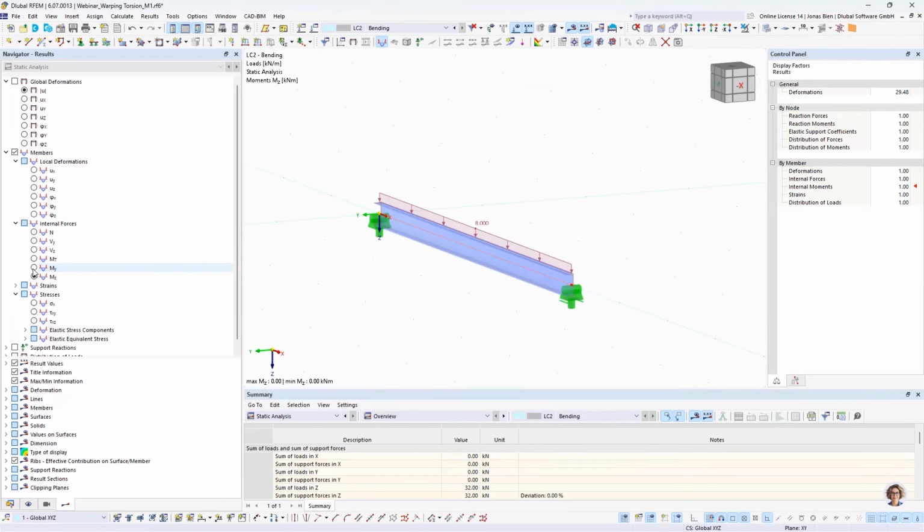If we do this analysis with 6 degrees of freedom, we only get a bending moment about the strong axis, which is maybe what you would expect, and which is, I would say, the same in other beam analysis software: by convention, for such a system we would only get bending about the strong axis.